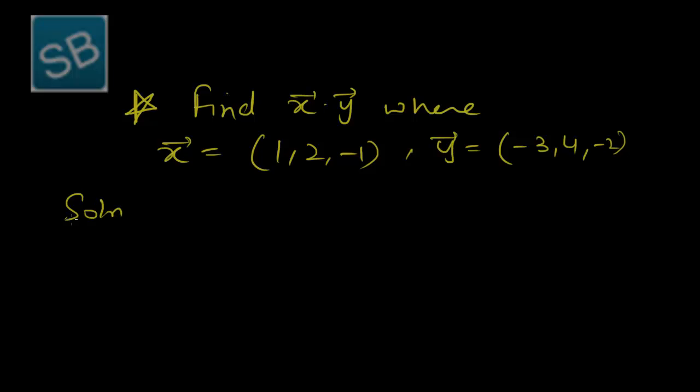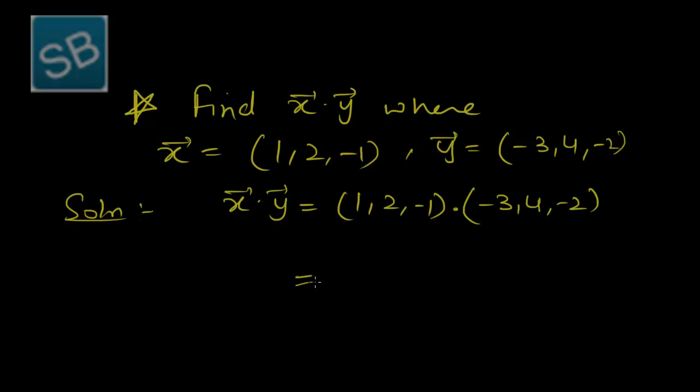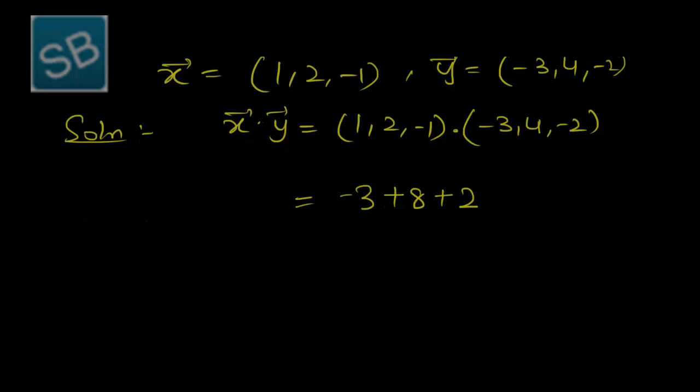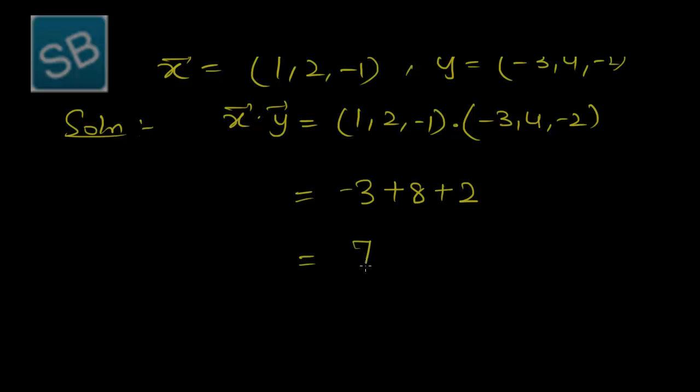So the solution is vector x dot y is equal to 1, 2, minus 1 dot minus 3, 4, minus 2. As per the rule of inner product, we get 1 into minus 3 is minus 3, plus 2 into 4 is 8, minus 1 into minus 2 is plus 2. So we get 7 as the result of the inner product.